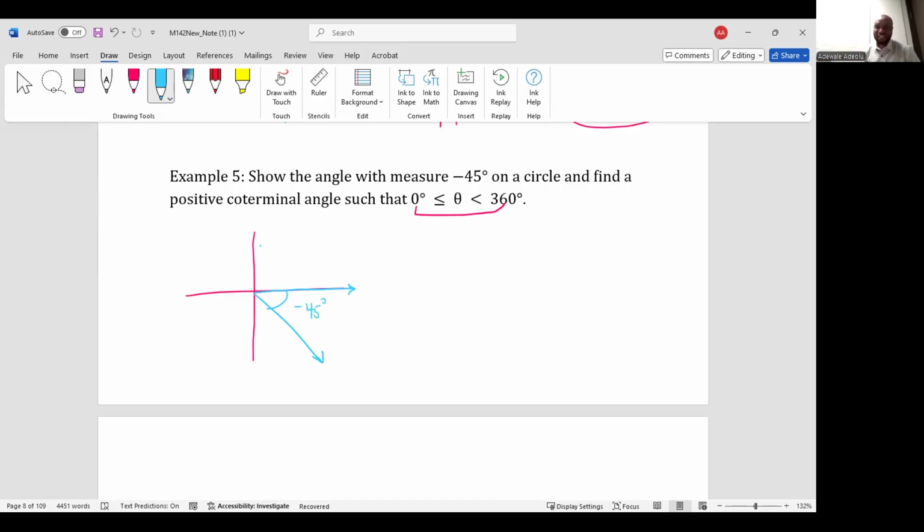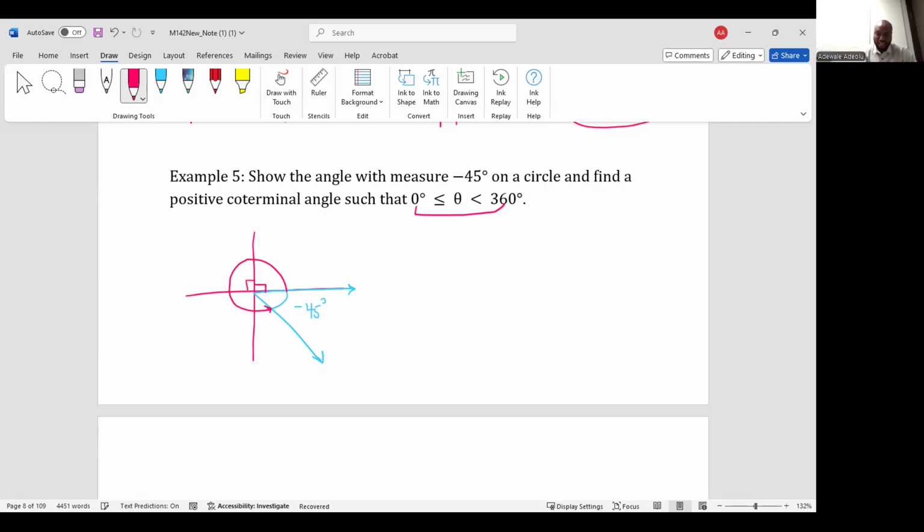Now, the question is, we've already shown that angle. Now, find a positive coterminal. For us to get positive, we need to go counterclockwise, right? So, if I go this way and I stop here, now they have the same terminal point. So that angle is coterminal with negative 45. But let's see what it is. Here to here is 90.